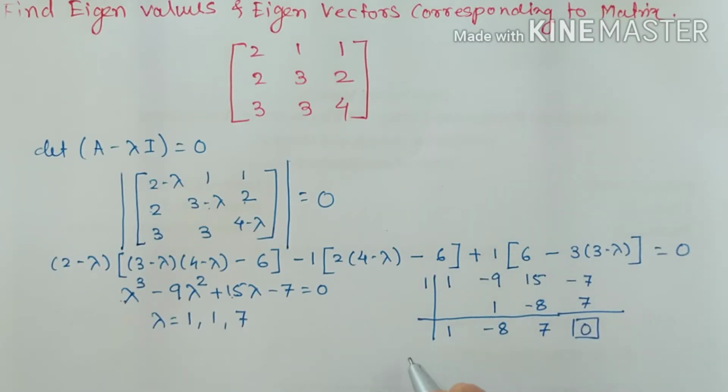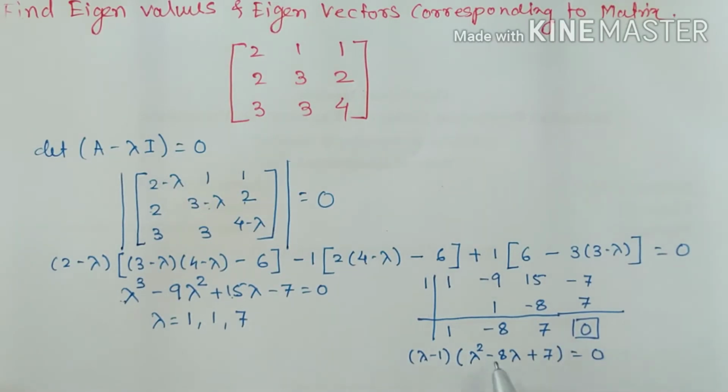As I am dividing by 1, lambda minus 1 is one of the factors. As one factor is taken out, the degree of the equation is reduced by 1. Hence we get lambda squared minus 8 lambda plus 7 equal to 0.